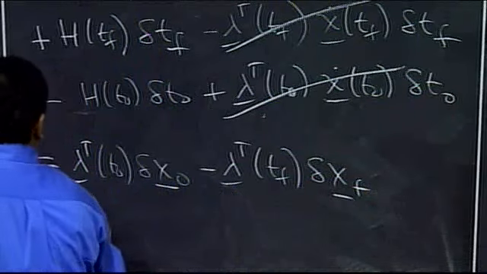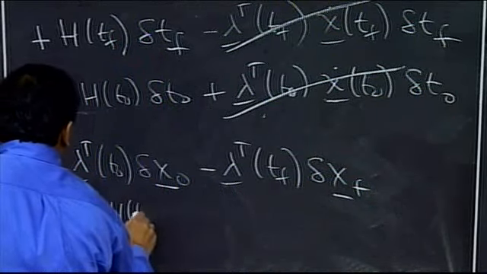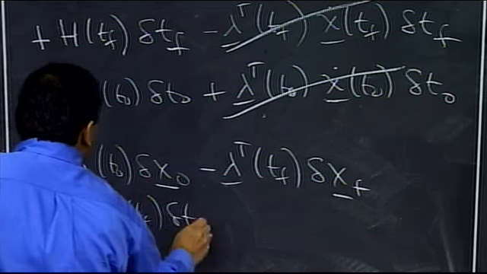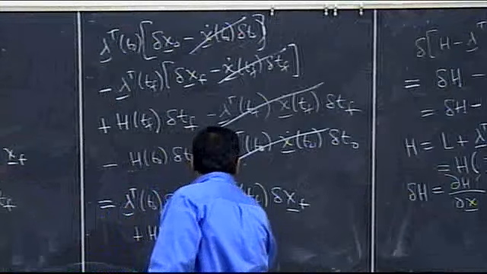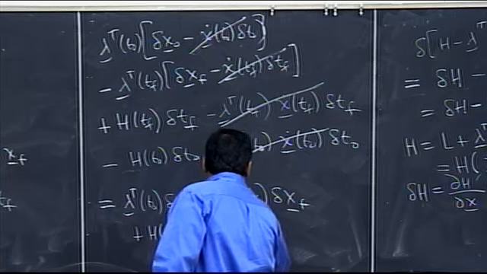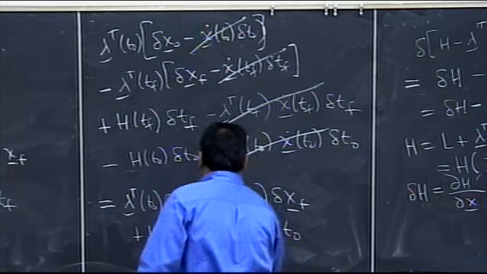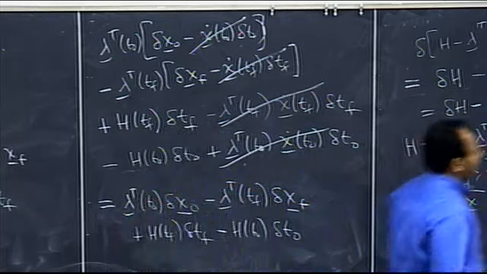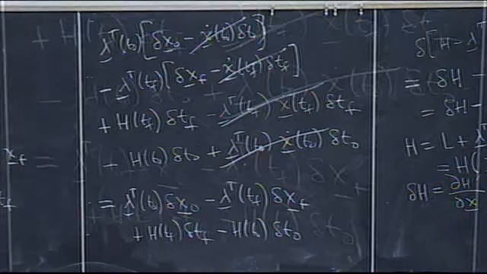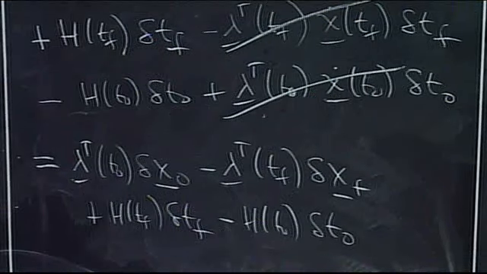And then you've got plus h at tf times the variation in tf minus h of t0 times the variation in t0. Okay, so now let's look at all of this stuff together. Because right now what we've got is the terms inside the integral. Here are all the terms inside the integral.